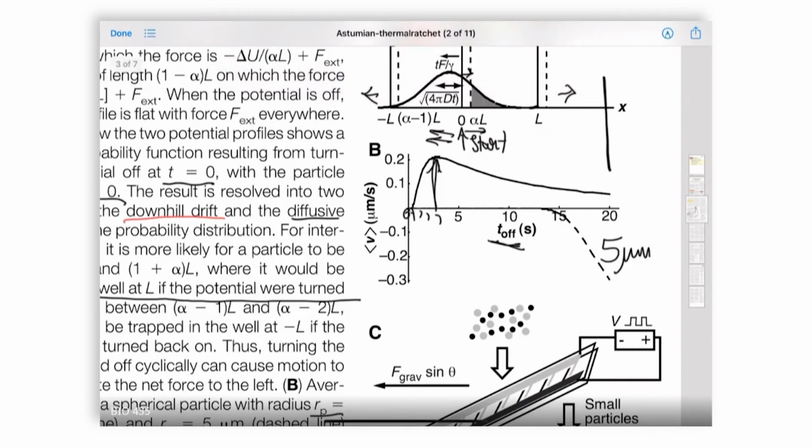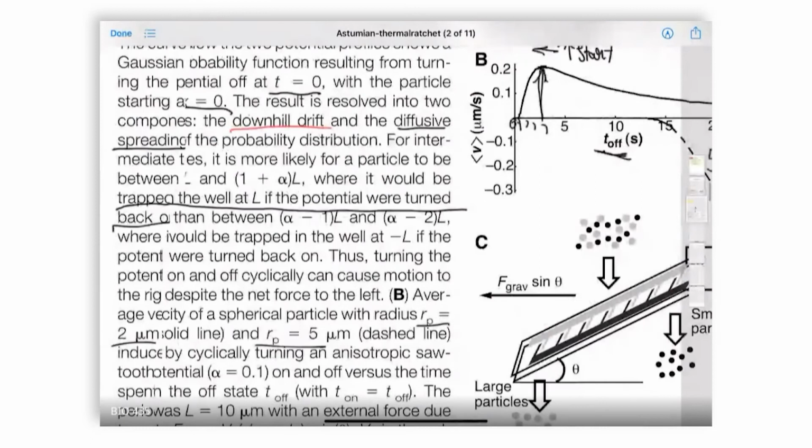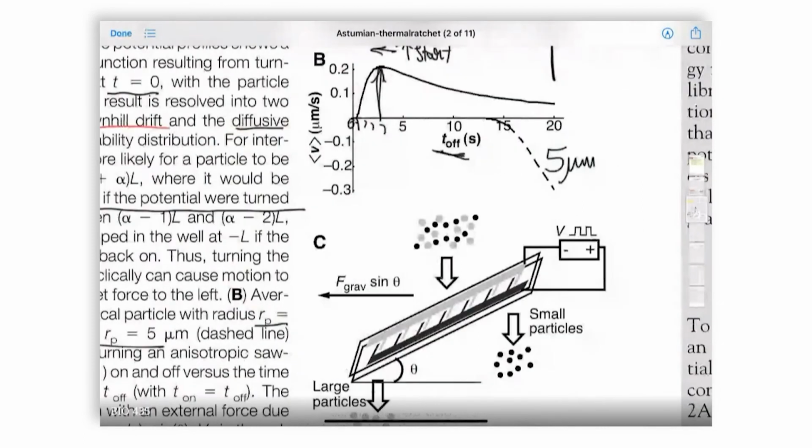This also means that now if you take a mixture of particles, which is what is represented in C, bigger ones, which are assumed to be 5 micron, and smaller ones which are assumed to be 2 micron, set up a potential which has the same electrode-like nature which we talked about in figure 1, with an overarching gradient. Now you can actually combine flashing potential, that is to say on-off, on-off, on-off potentials, with a gradient to separate large and small particles, with the small particles going up the gradient and large particles going down the gradient.